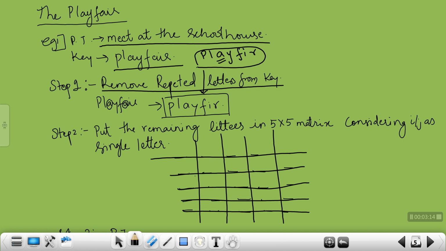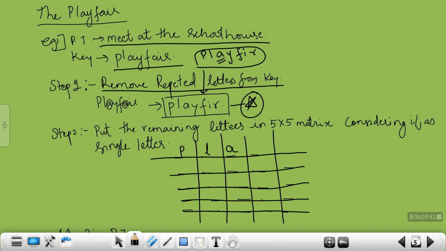The first letter in your key is P, so P I have done. The second letter is L, the third letter is A. Now, whatever you enter here is the output of step number 1. Please do not enter the actual key which is given to you. When you are entering in the matrix, you have to enter the output of step number 1, the one marked with a star.